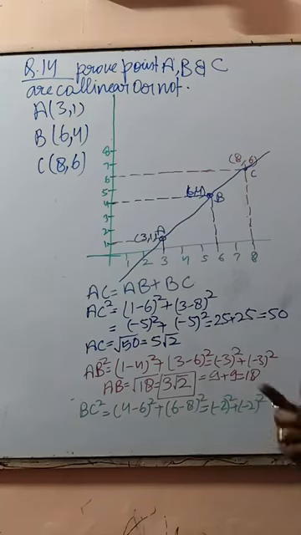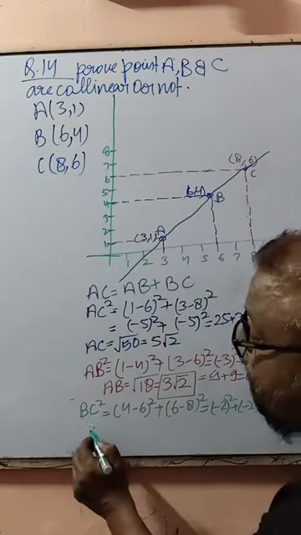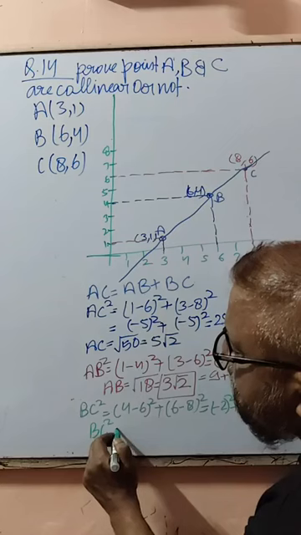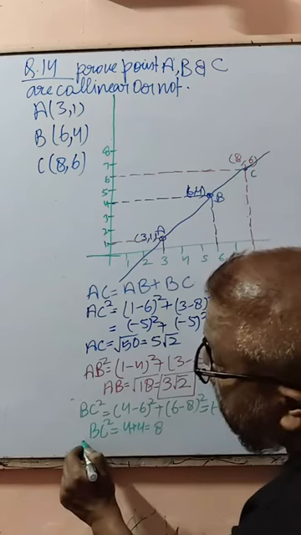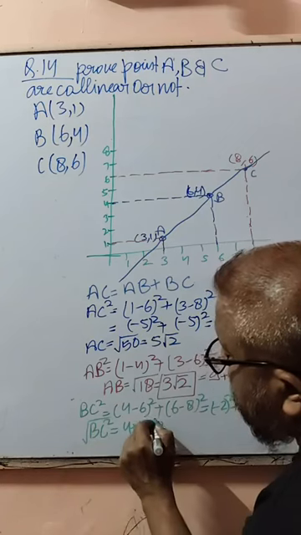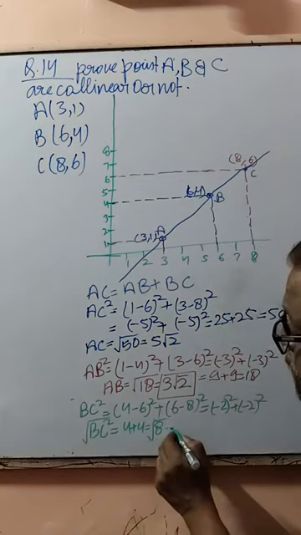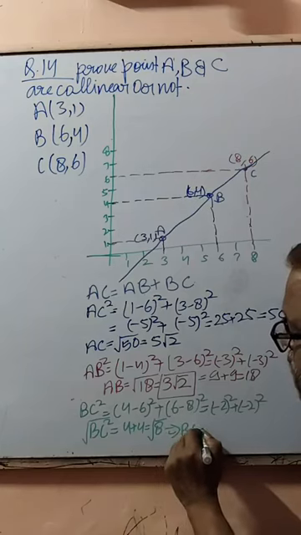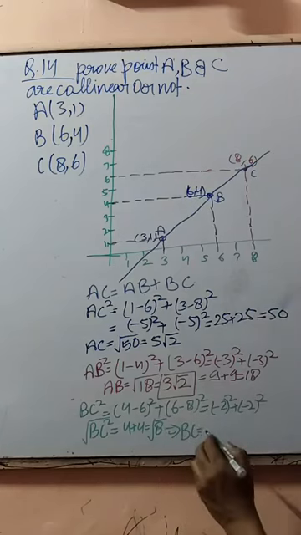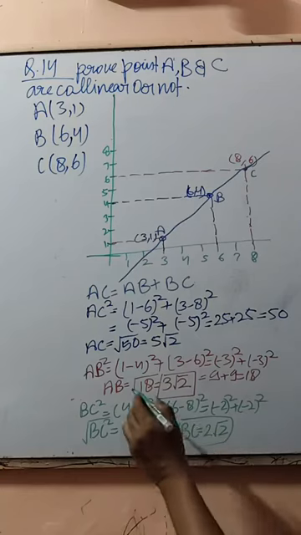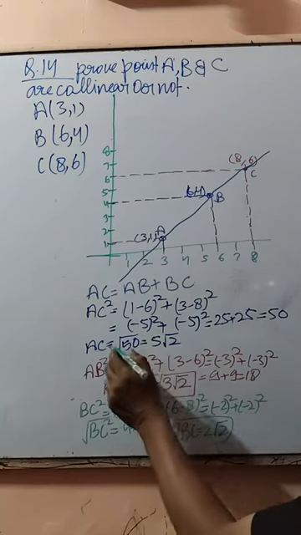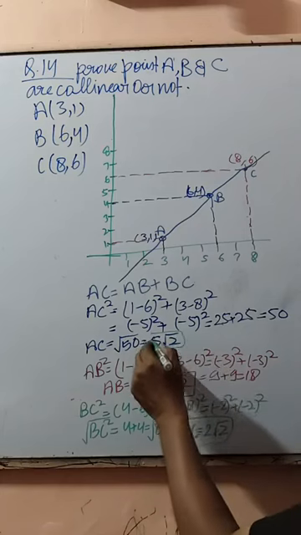So कितना हुआ? 4 plus 4 becomes 8. So BC square is equal to 8. ठीक है, तो ये कितना हो गया? BC is equal to 2 root 2, right? So BC is equal to 2 root 2, AB is equal to 3 root 2, and AC is equal to 5 root 2, right?